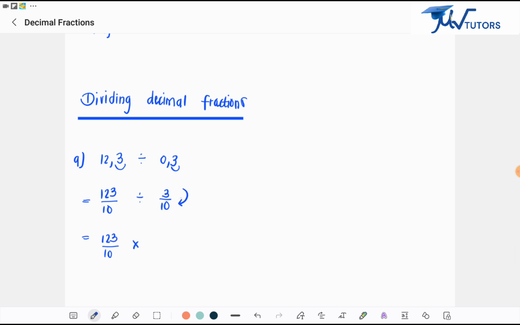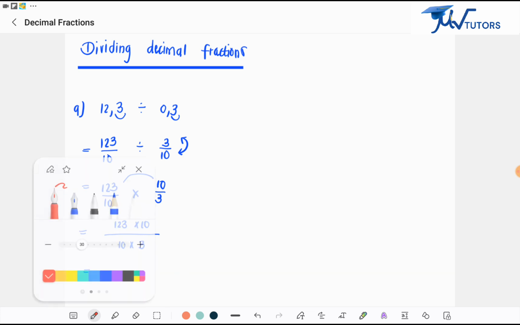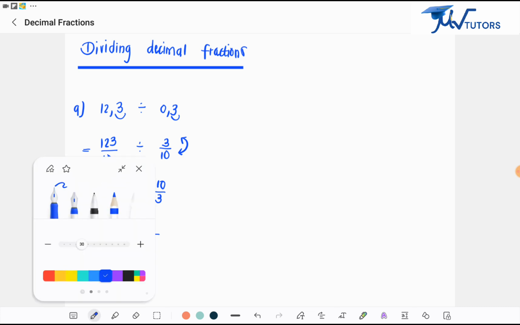And when we multiply, we're going to swap these two numbers. You're going to have 10 over 3. So ultimately, let's write it all under one big fraction. When you multiply common fractions, we're going to multiply these two together, okay? So it's basically going to be 123 multiplied by 10, and then you're going to have 10 multiplied by 3. Here I'm going to simplify. I can see I have 10 here and I have 10 there, okay, which makes things a little bit easy for me.